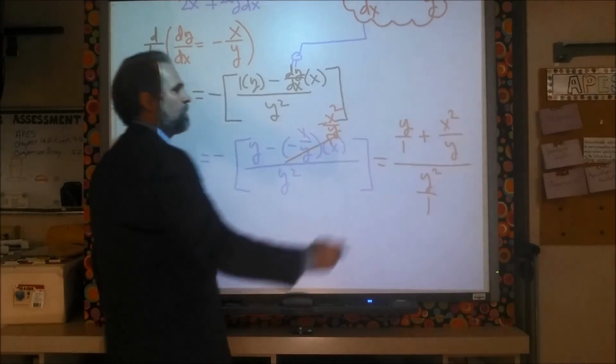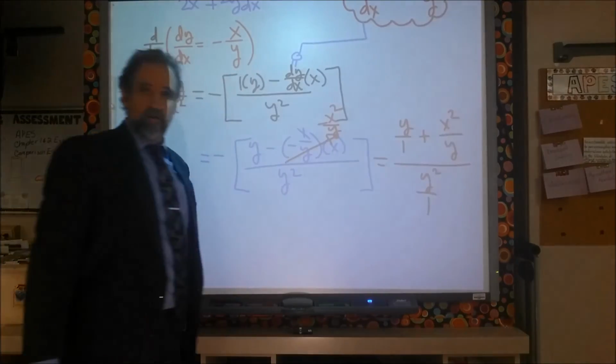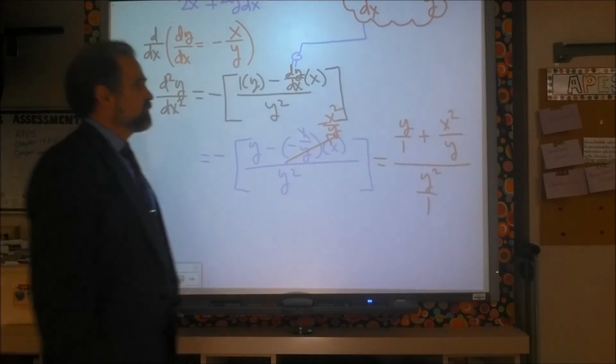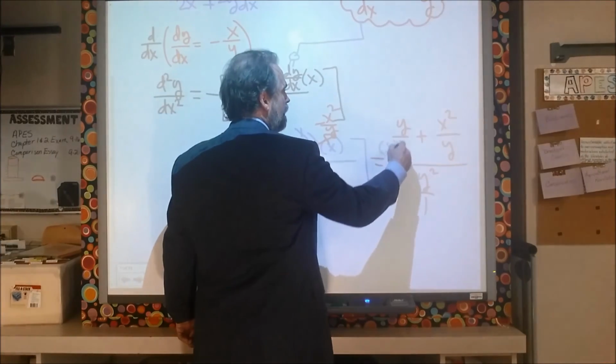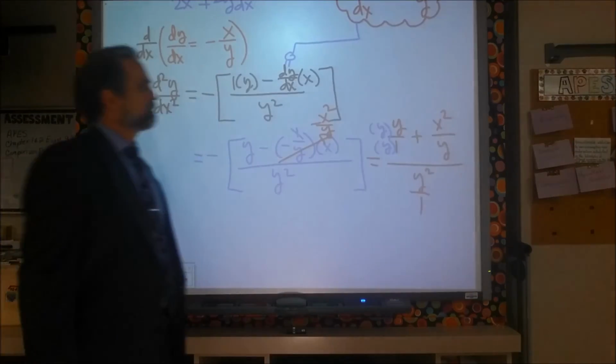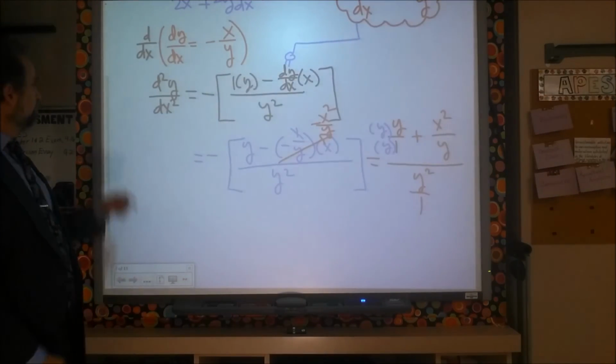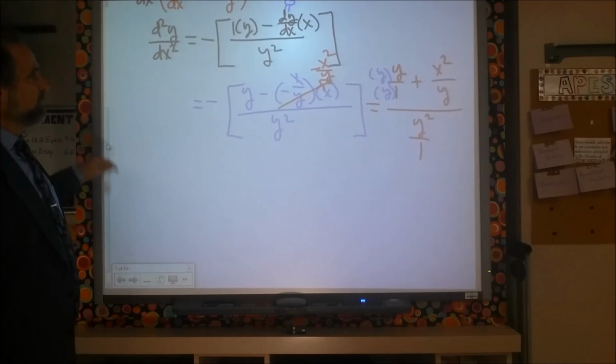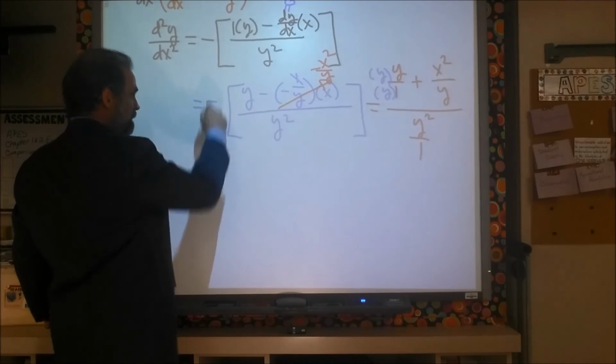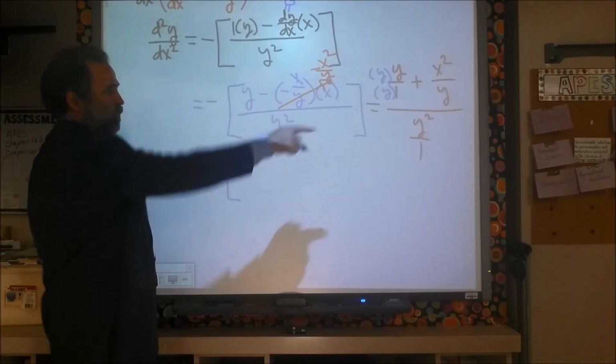So since the common denominator between 1 and y is going to be y, I have to just multiply this one, top and bottom, by y. All right? So as we look at it now, continuing on, it's still the opposite of, right? I'm still working what's in there.